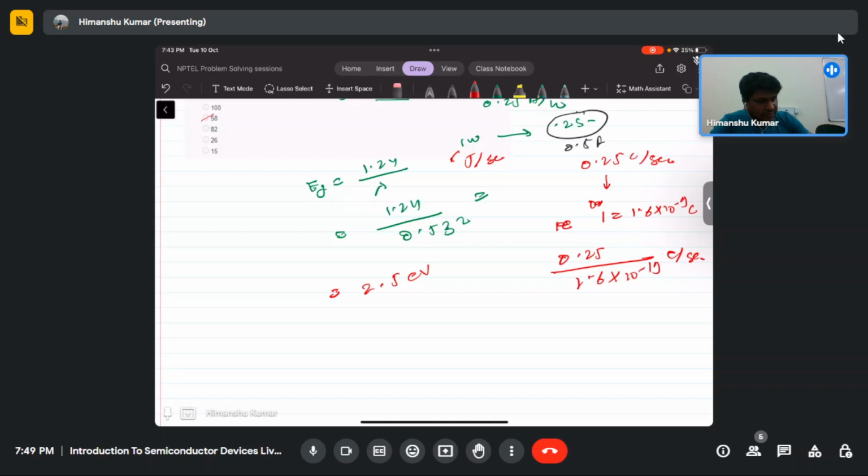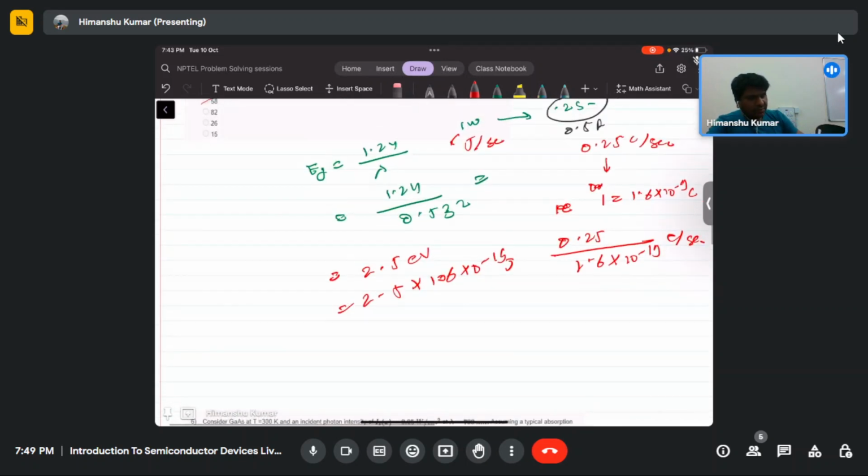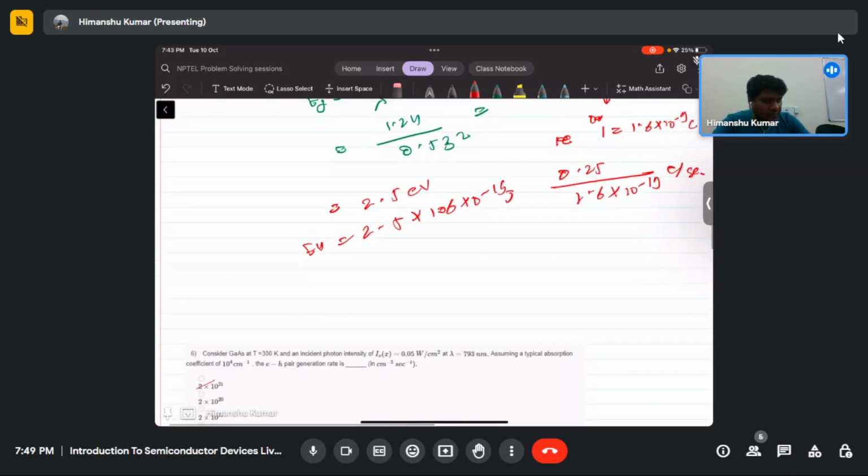So this will be 2.5 into 1.6 into 10 power minus 19 joule. Now this much joule energy is one photon's energy. So in 1 joule, how many photons can you have? You just divide.